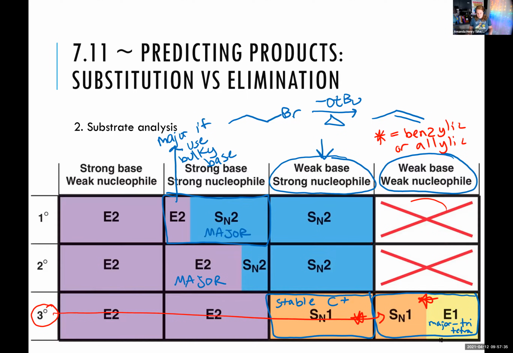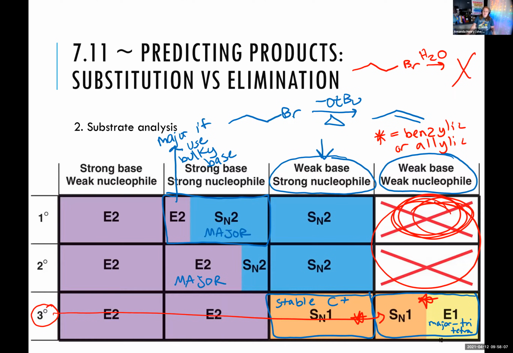So if we have primary and secondary, Sn1 and E1 won't happen. So if we had something like this, and we had a weak base, weak nucleophile, like water, the answer would be no reaction, because this would fall into this top category. It's primary with a weak base, weak nucleophile, so it's just not going to go through any of our reactions.